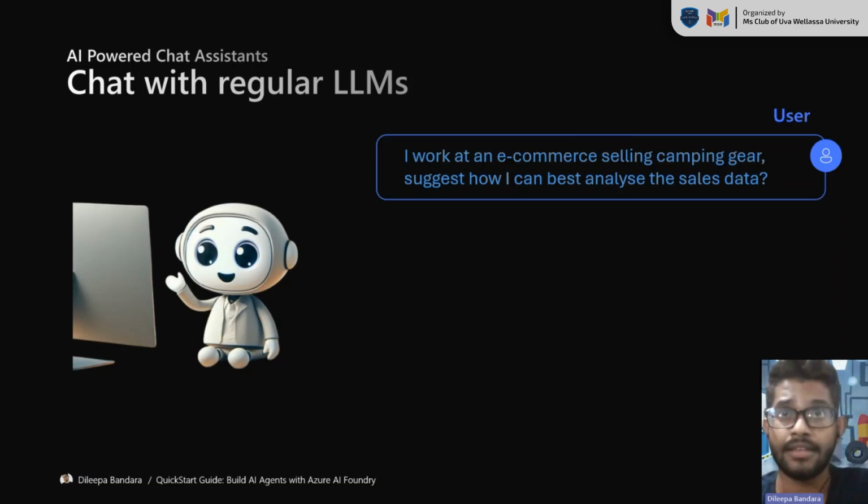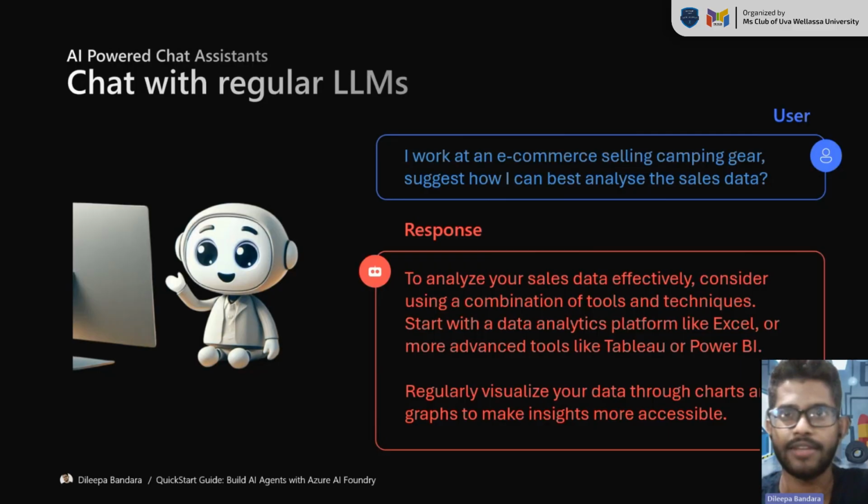If we ask a question like, I work at an e-commerce company selling camping gear, suggest how I can best analyze sales data, the LLM will definitely give you a response like this: to analyze your sales data effectively, consider these things, start with this, maybe Excel or tabular tools.